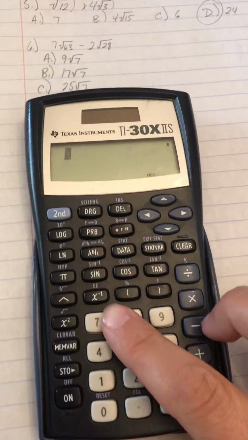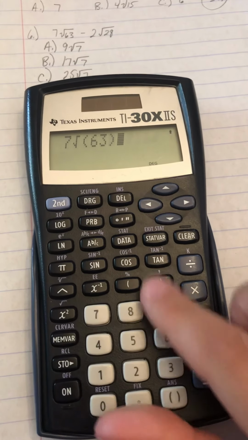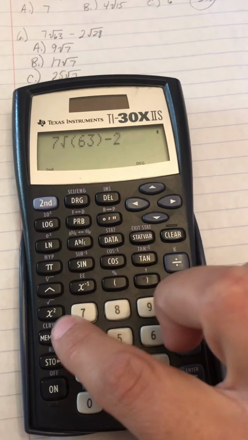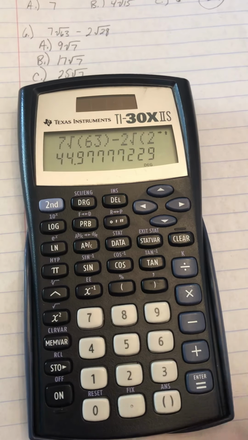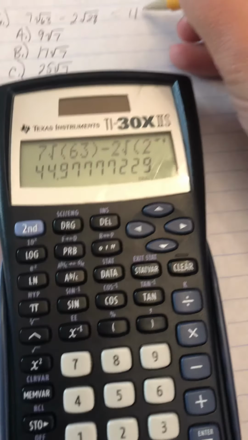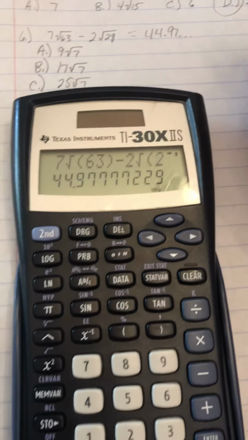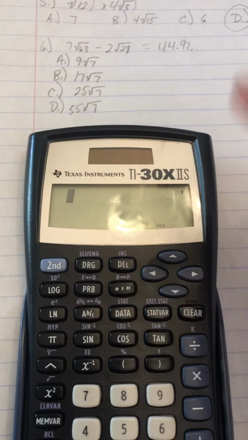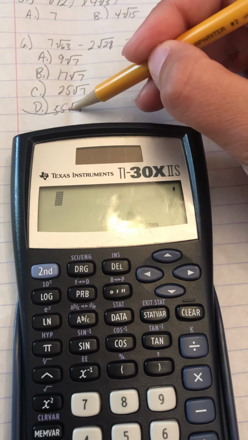So you have 7 square root of 63, close the parenthesis, minus 2 square root of 28, close the parenthesis. You get this ugly decimal, 4.97, blah, blah, blah. So the only one I could cancel out for sure is this 55, because it's way bigger than 49.